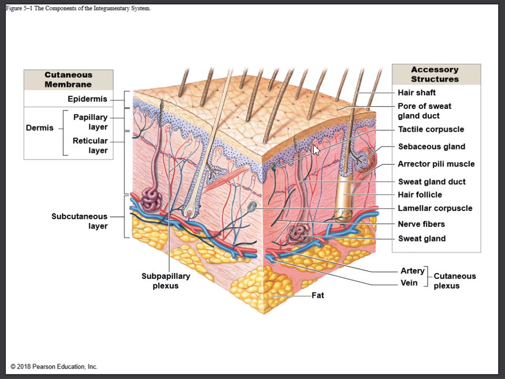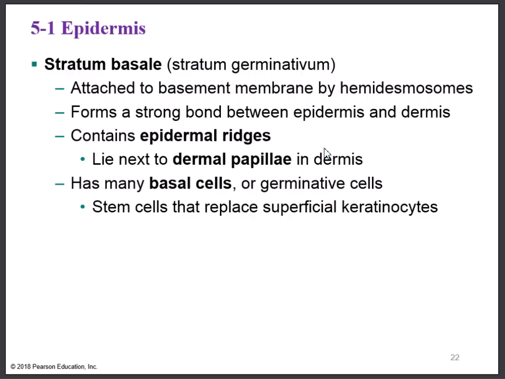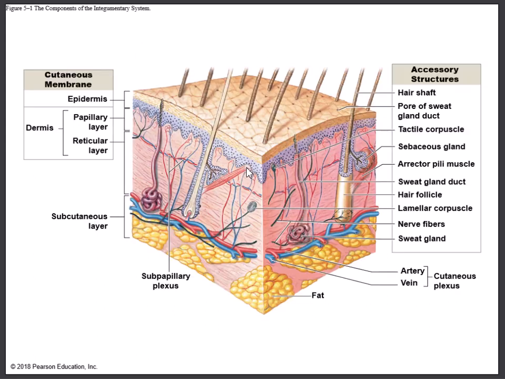This upward projection right here, this upward projection right here is the dermal papilla. And that's right over here. Dermal means that it's in the dermis. Papilla is a great word. If you just want to jot this down, whenever you hear the word papilla, think mound-like. It's kind of forming like a little mountain or a mound. So that would be the dermal papilla. We're going to see that word a lot in anatomy and physiology.